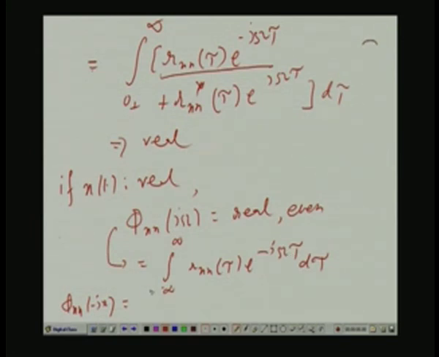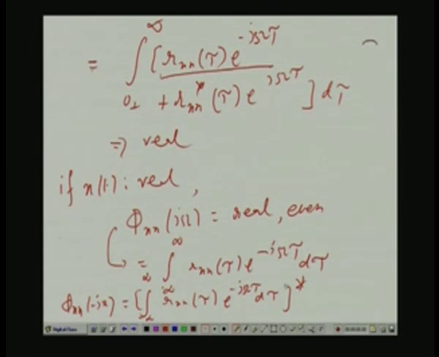Then the entire thing can be written as integral from minus infinity to infinity within brackets r x x tau, because it is real, e to the power minus j omega tau d tau, and then a conjugate. If you bring in r x x tau, its conjugate will be the same thing because it is real, and e to the power minus j omega tau becomes e to the power plus j omega tau, which corresponds to minus omega.